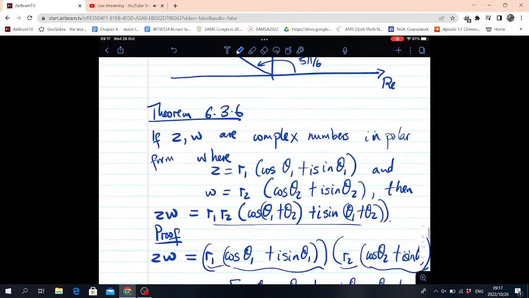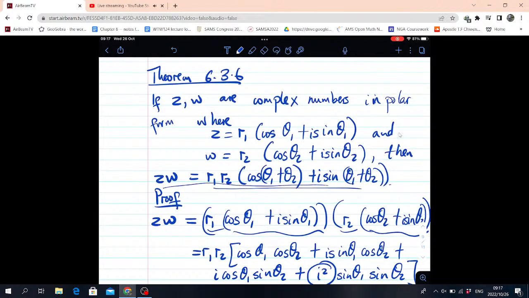Because that's what the statement said. So this makes our life much easier to multiply complex numbers. Well, it should in the long run, and we'll see this play out.